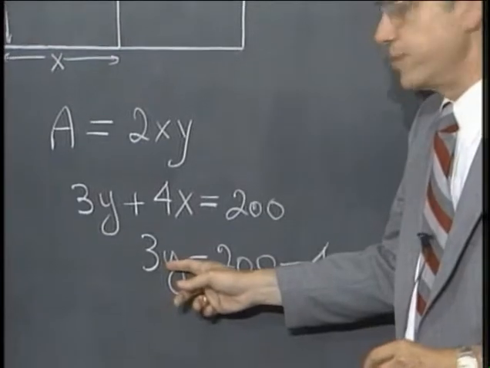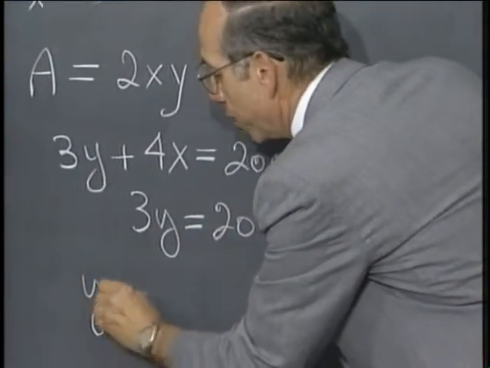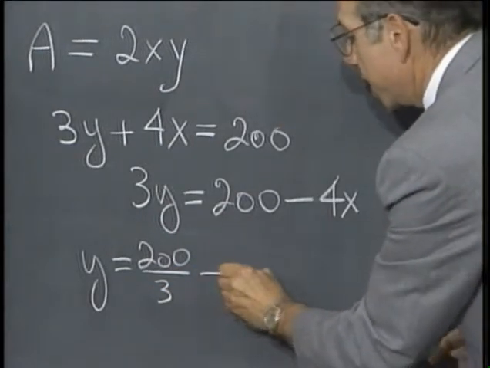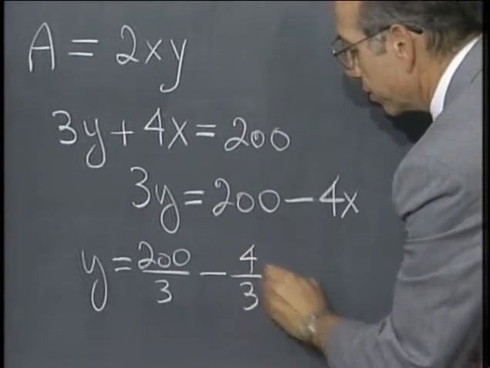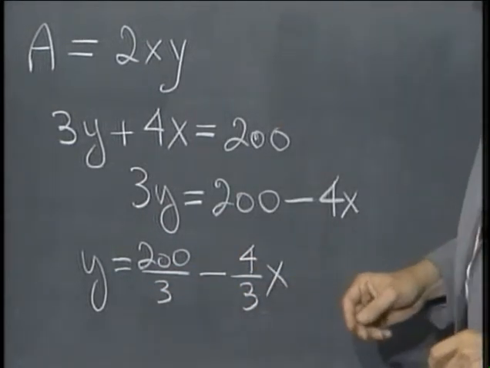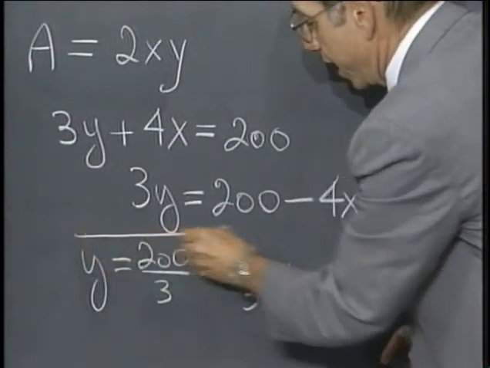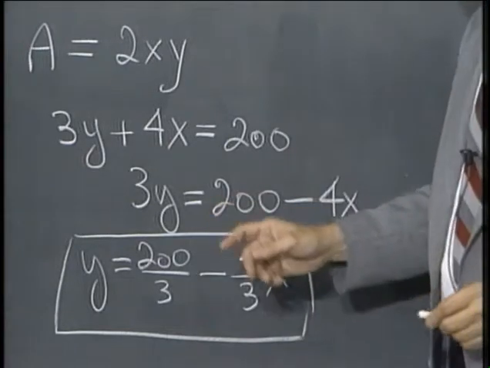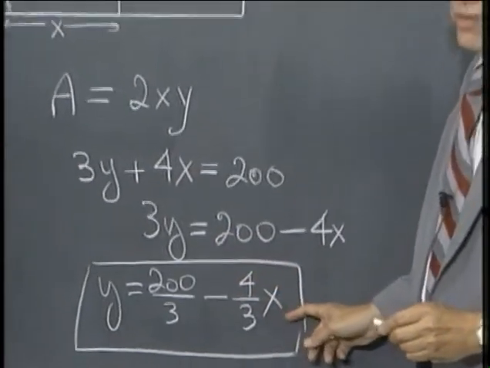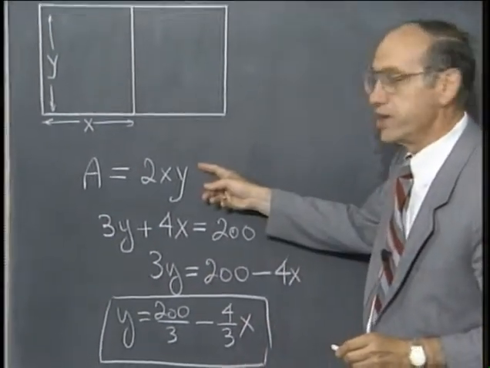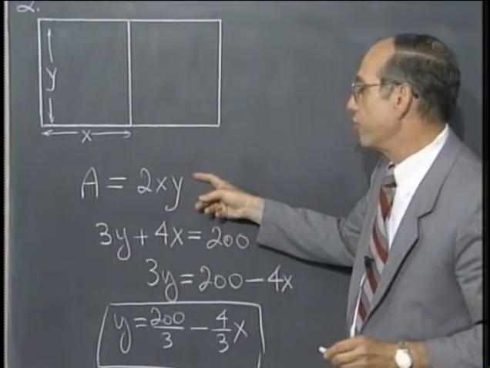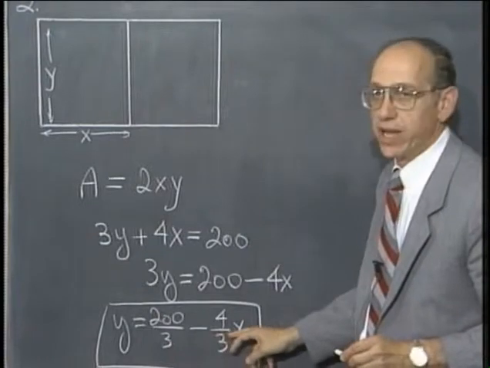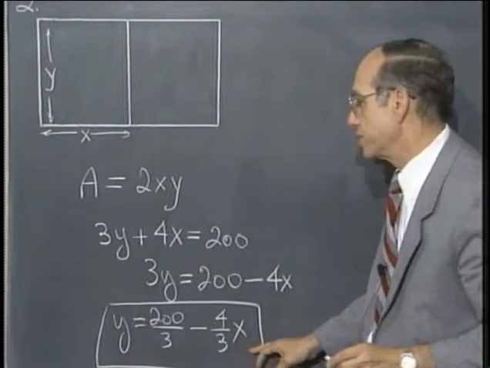That is, we'll subtract 4x from both sides, and we get 3y is equal to 200 minus 4x. Next, we divide by 3, and y is equal to 200 over 3 minus 4 over 3 times x. And now you see that I have y in terms of x, and I can get rid of the y in this original equation by substituting for y what it's equal to, 200 over 3 minus 4/3 times x.